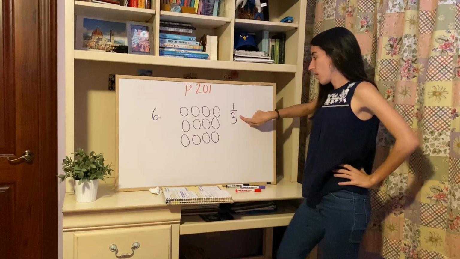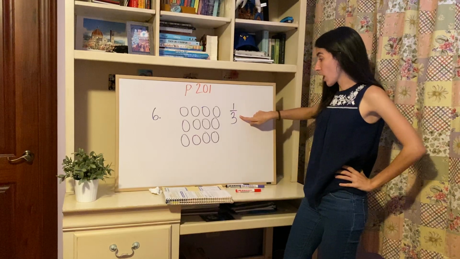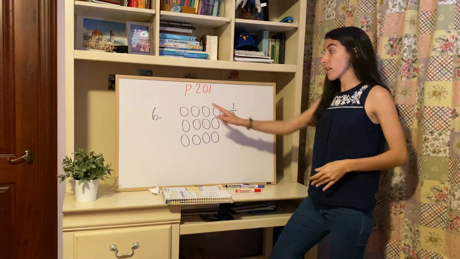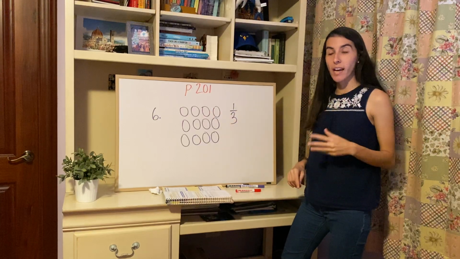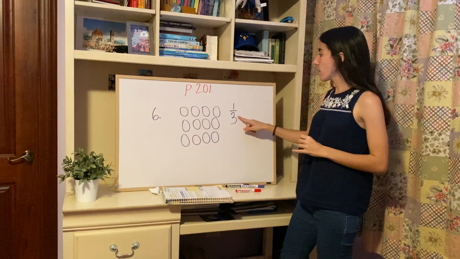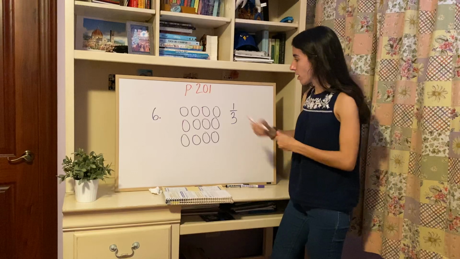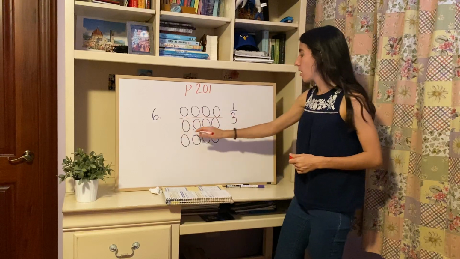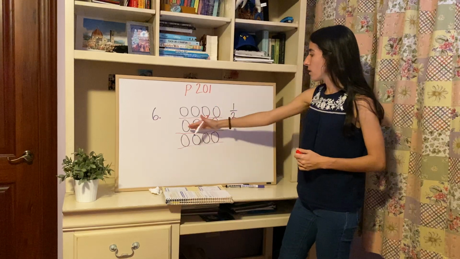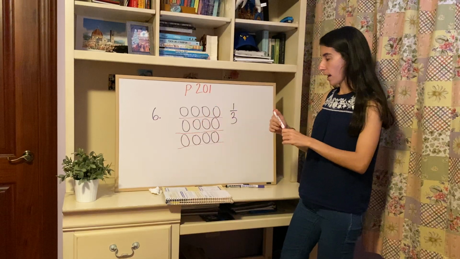Now, the denominator tells me that I have 3 equal parts. I don't just have 3 circles. I have 3 equal groups or parts, okay? So let's see. This is an equal part. This is another one. And this is another one. 1, 2, 3. Okay?